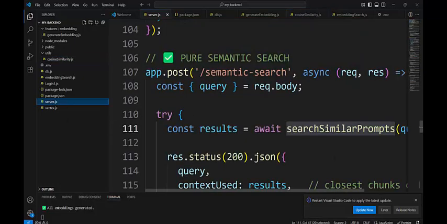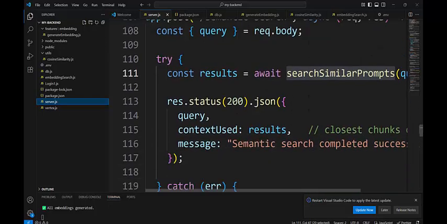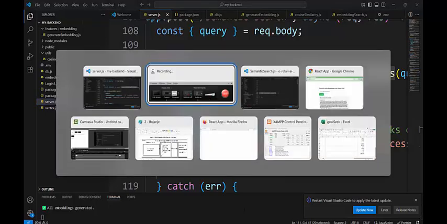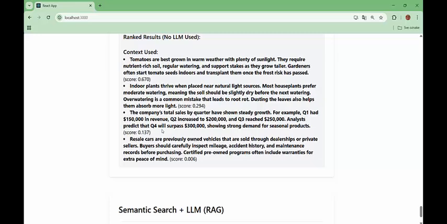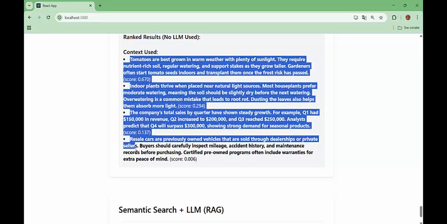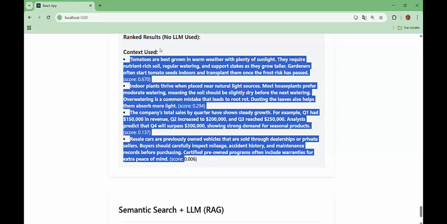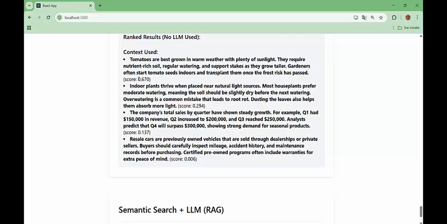Back here, semantic search returns on the screen these numbers, this ranked list from the biggest score descending to the lowest score. And on YouTube, Google, Amazon, etc., it is a semantic search.